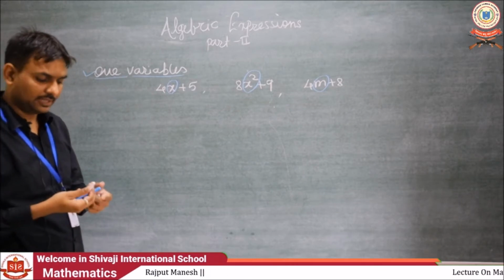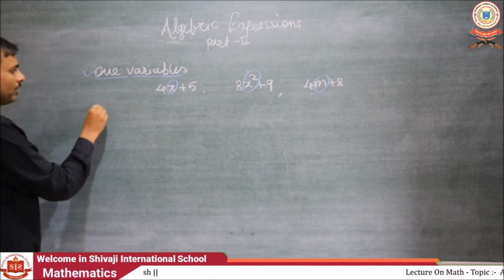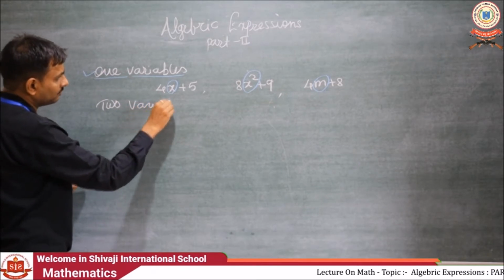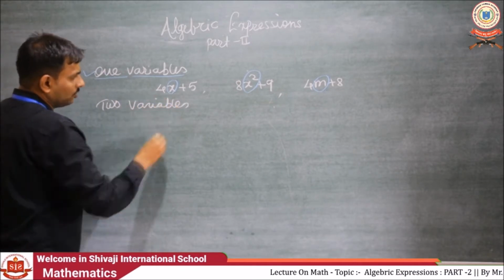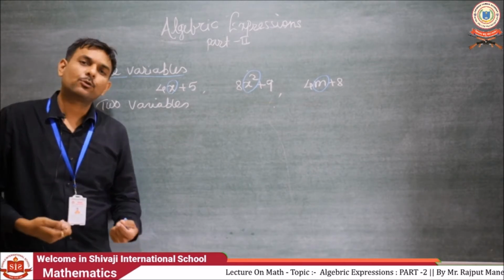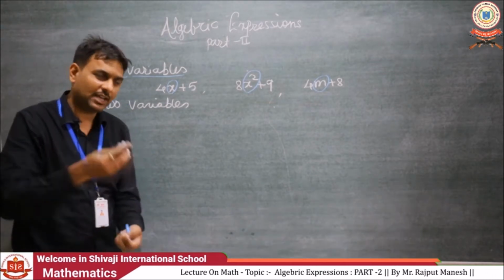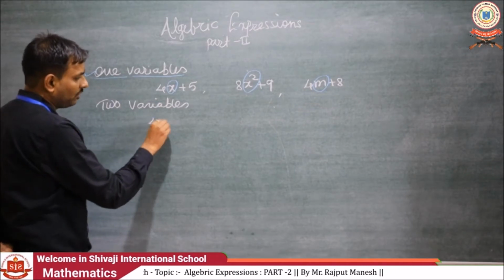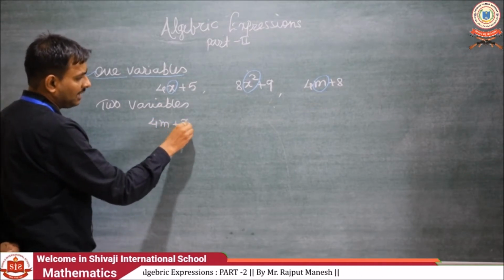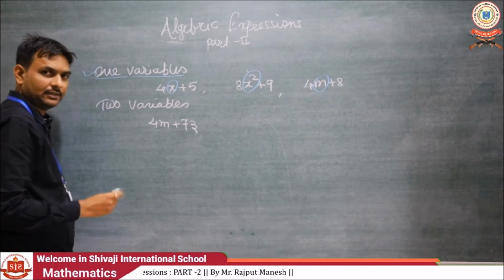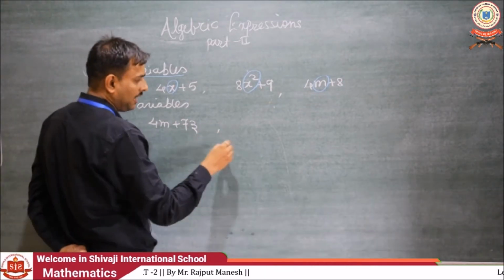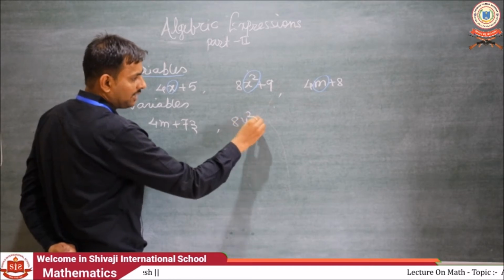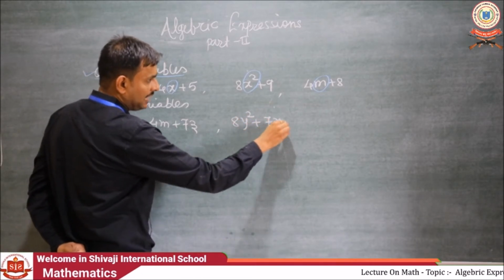Fine? Okay, likewise, what do you mean by a two variables algebraic expression? Very simple: we have to use any two variables. Let's take an example, suppose 4m plus 7z. Clear? One more example: 8y square plus 7x.